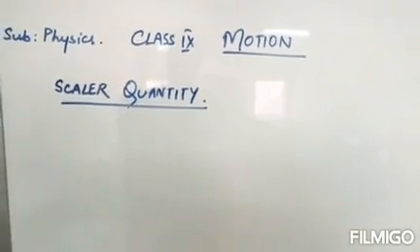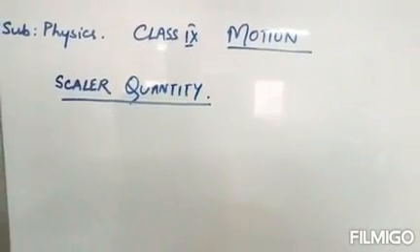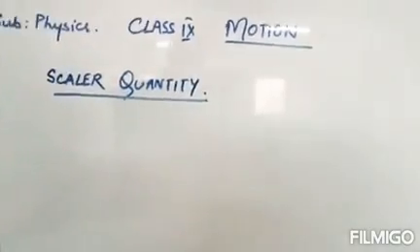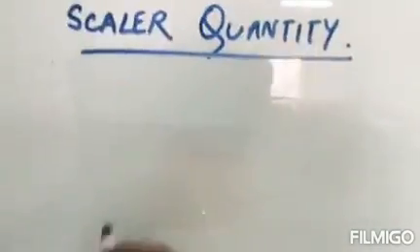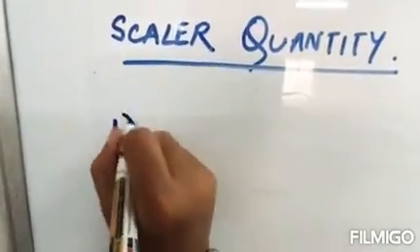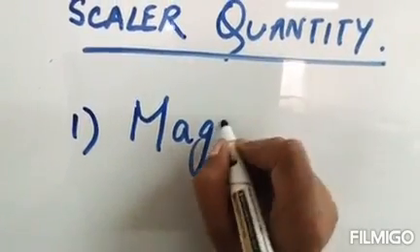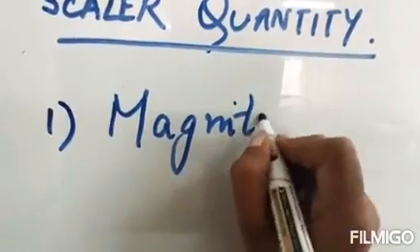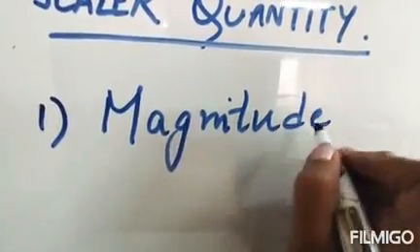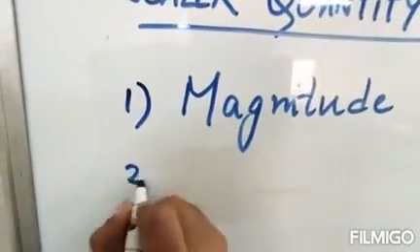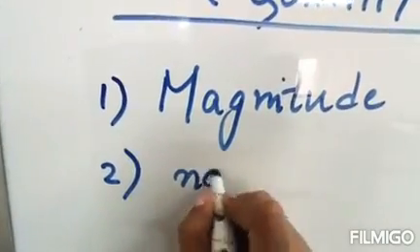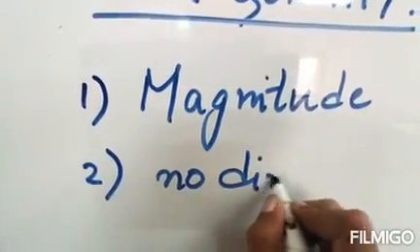Let's focus on scalar quantity. What is a scalar quantity? Scalar quantity means which will have magnitude and no direction.